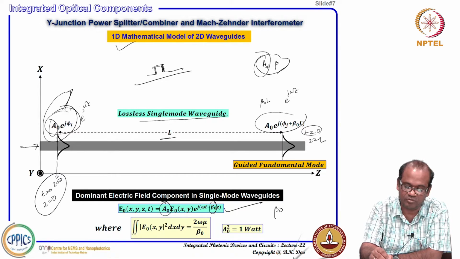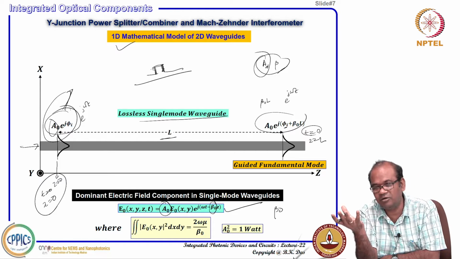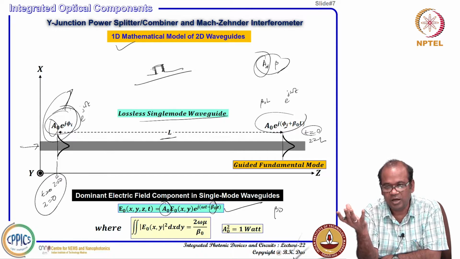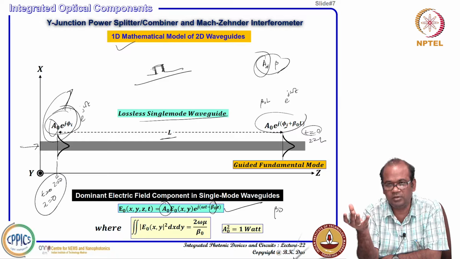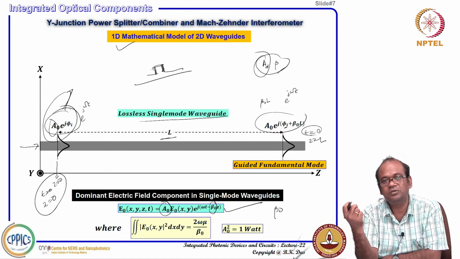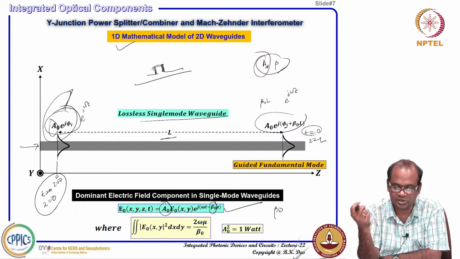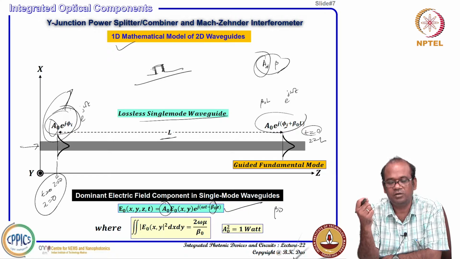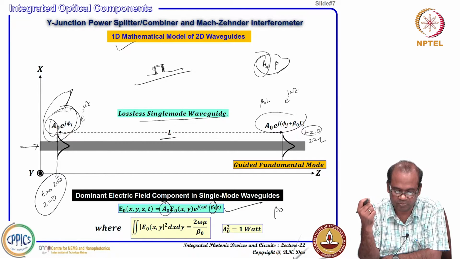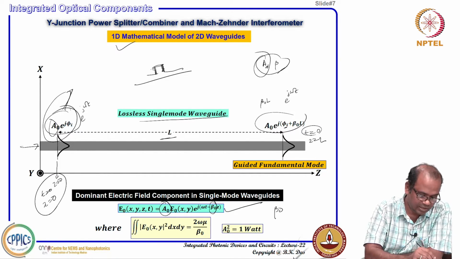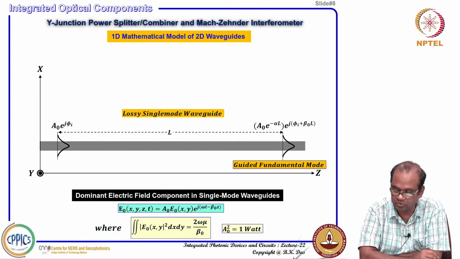So, you can expect some kind of scattering loss, depending on the wavelength and also depending on some defects in the waveguide structure. Waveguide propagation loss is there. So, in that case how will you represent this one?